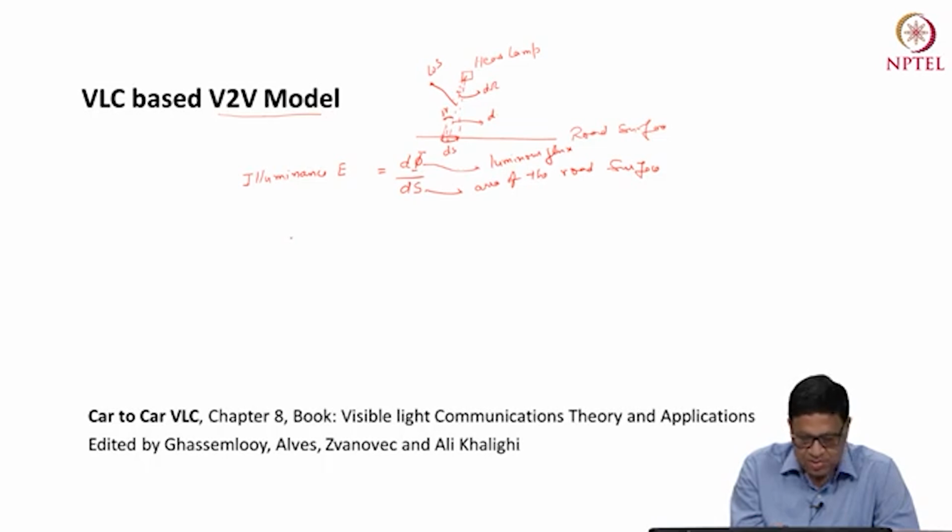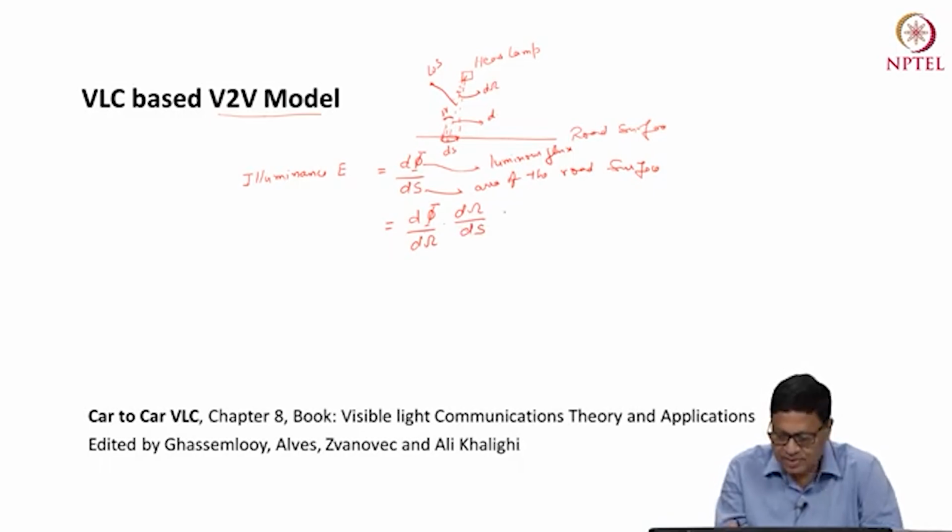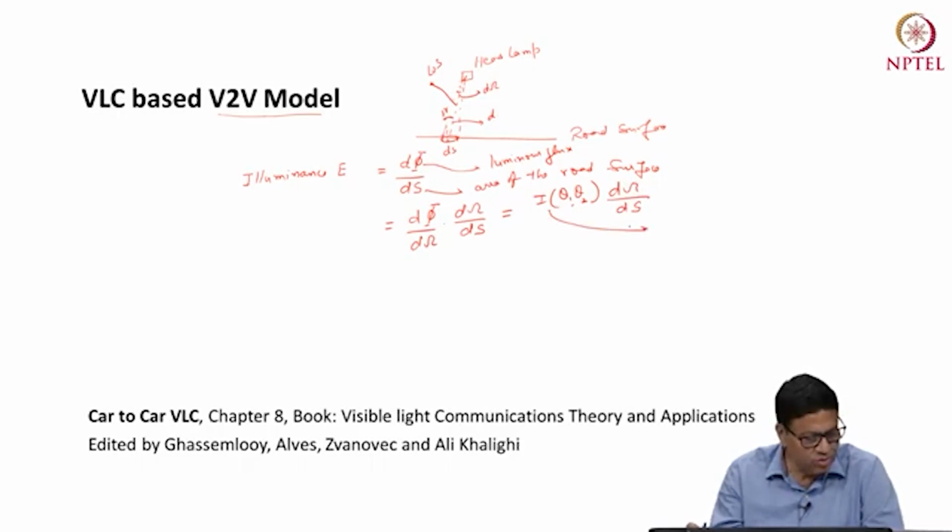And so the luminance E is d phi by ds, so this can be written as d phi over d omega into d omega over ds. And this d phi over d omega is nothing but I theta 1 theta 2, where I theta 1 theta 2 is the luminous intensity. This is the definition of luminous intensity.